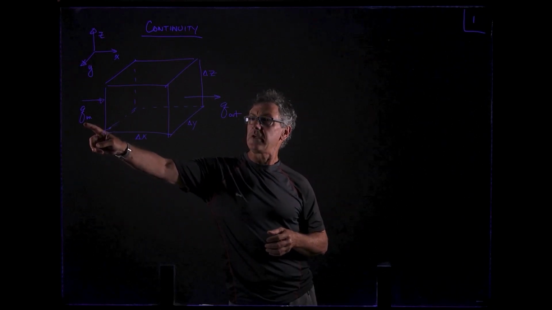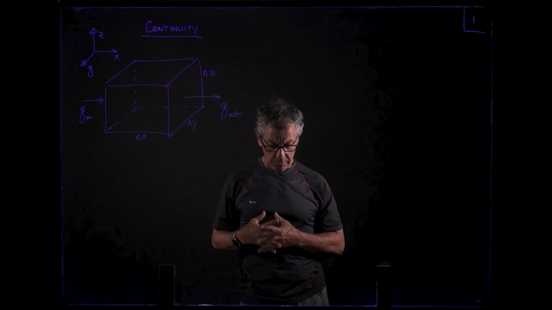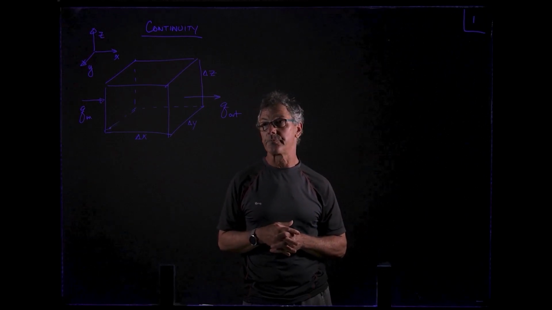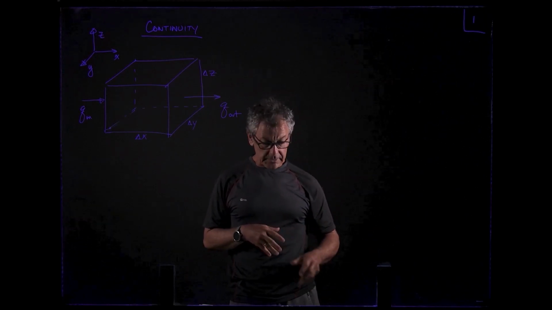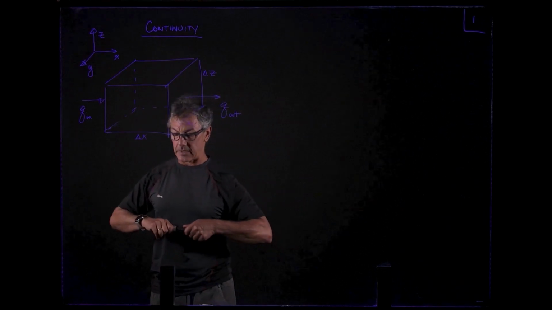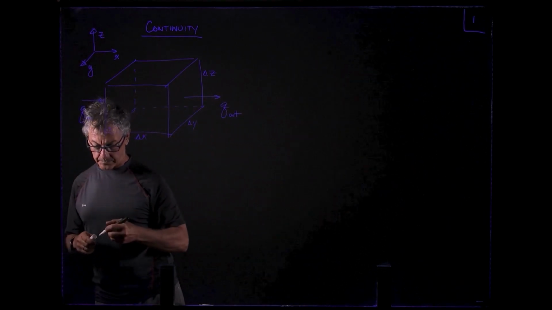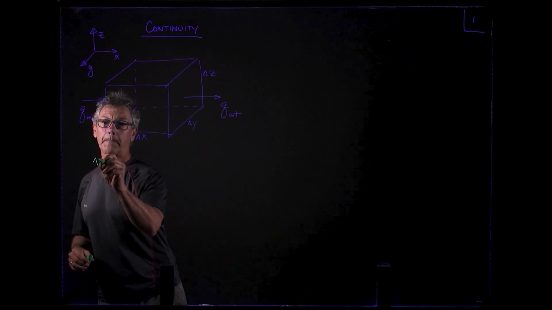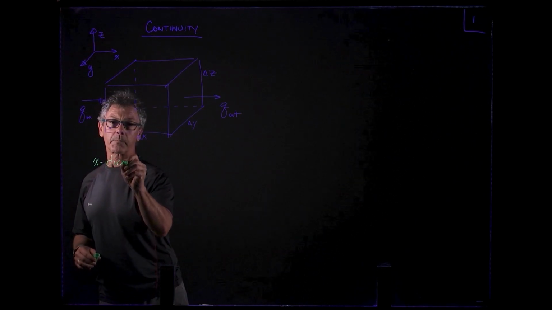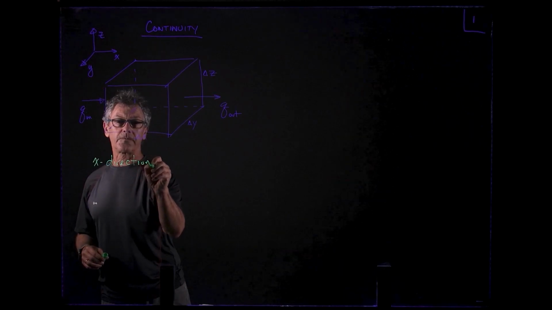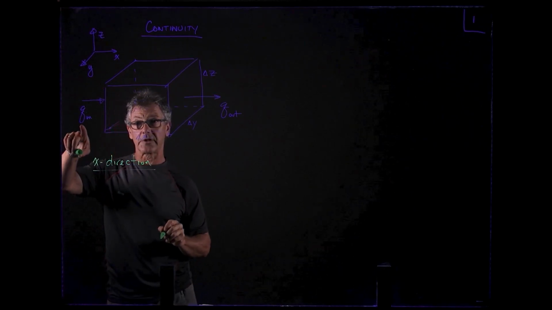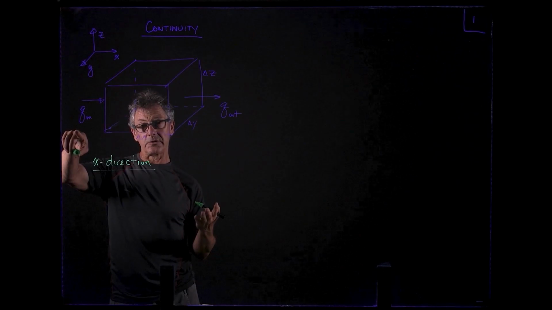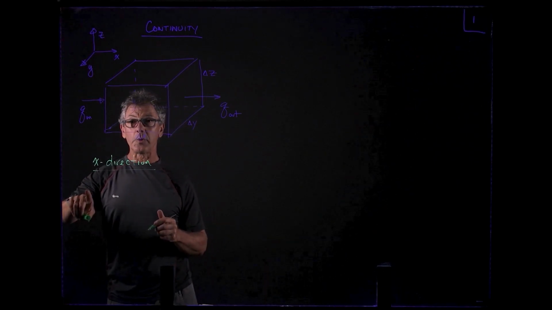So we have in and we have out, but we want to be able to relate those two. And so let's start by thinking about in the x direction what the total flow rate is. Now remember, this is a Darcy flux, so it has units of length per time. And what we want is flow rate.